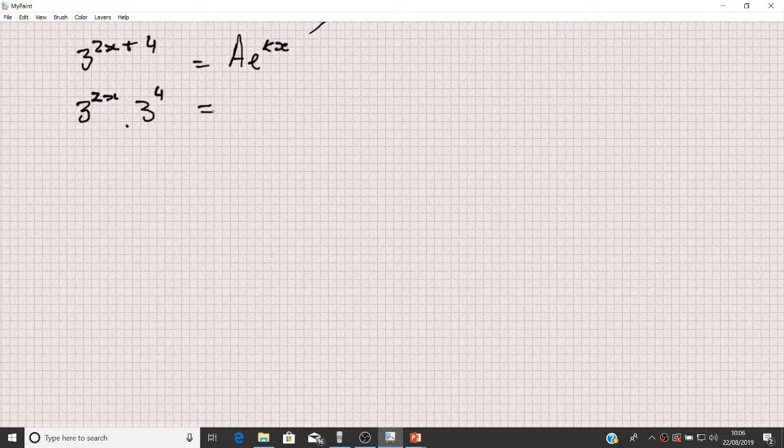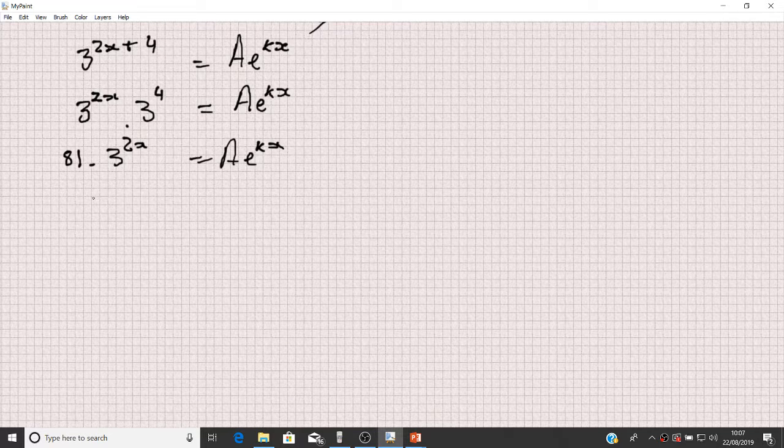And I'm going to leave the right hand side the same, a e to the kx. Now 3 to the power of 4 is in fact 81, so I'm going to say 81 times 3 to the power of 2x equals a e to the kx.